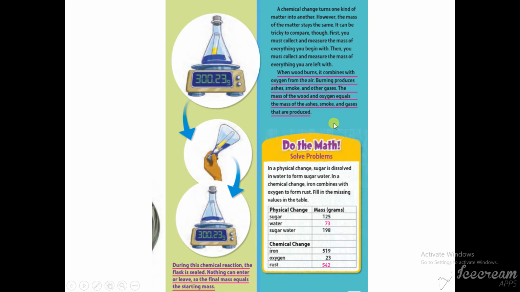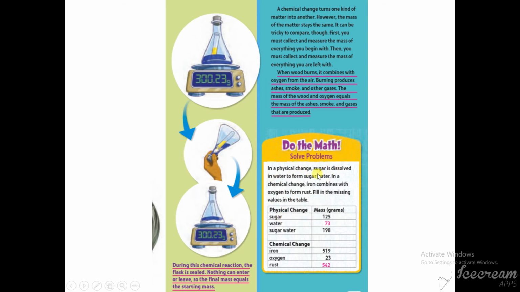Oxygen is from the air, and we also have to take the mass of ashes, smoke, and gases, because these are produced from the wood. Remember that, guys. When you burn the wood, ashes come out. So the mass of the wood is equal to what is coming out of it: ashes, smoke, gases that are produced. I hope it's understood.